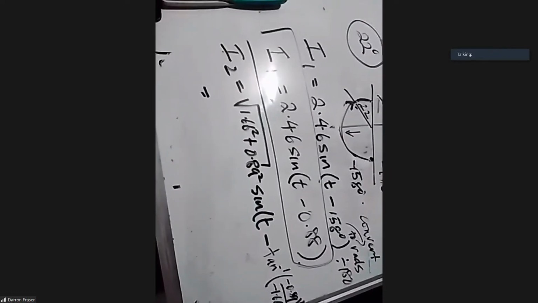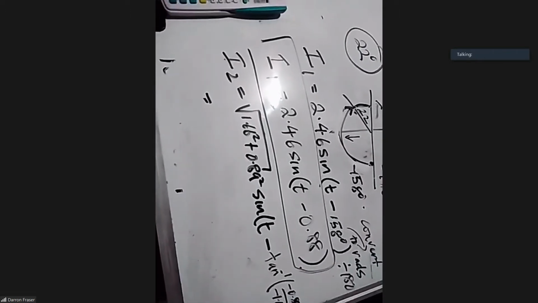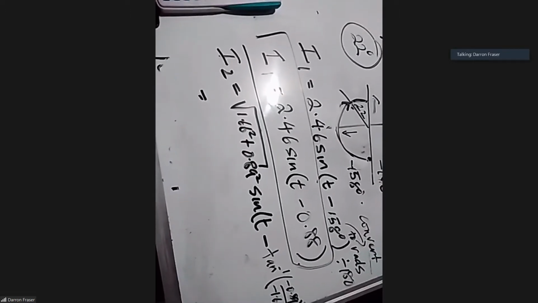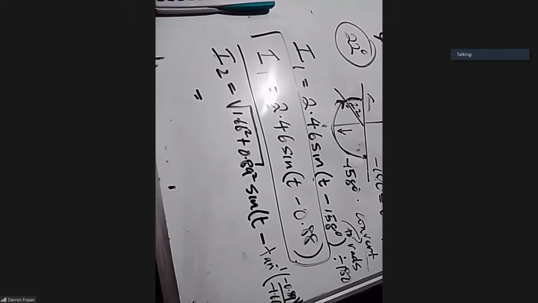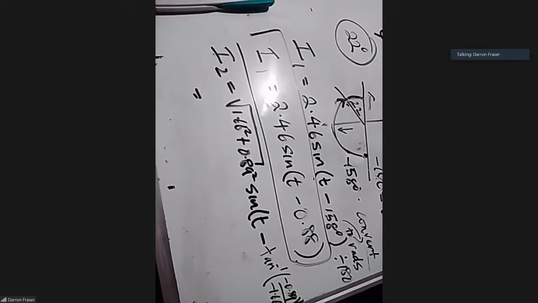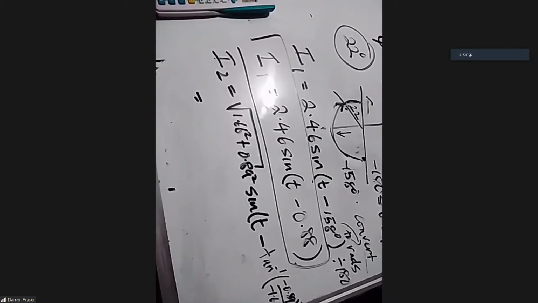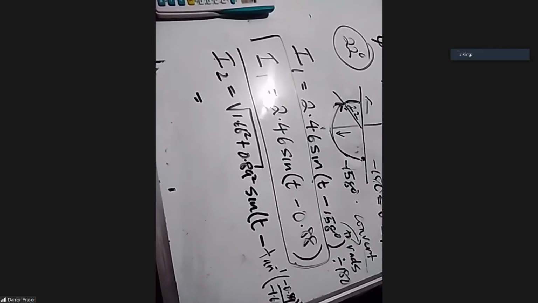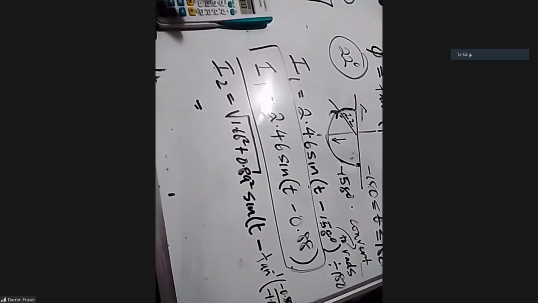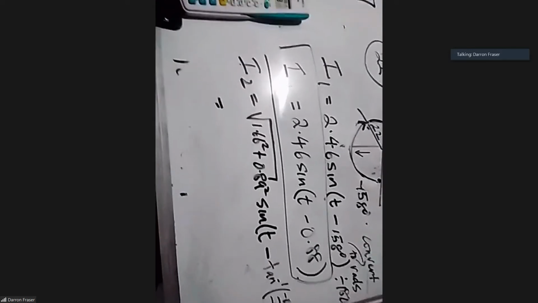So 1.66 squared plus 0.89 squared, square root of that is 1.88.